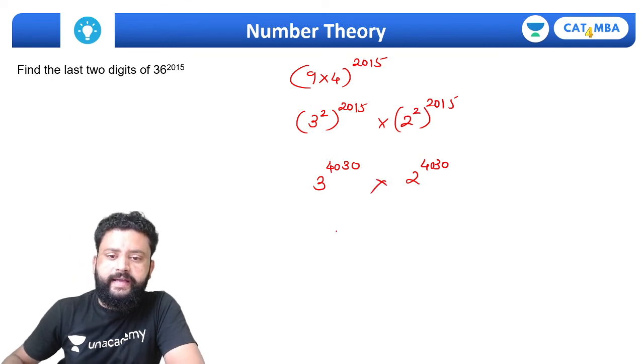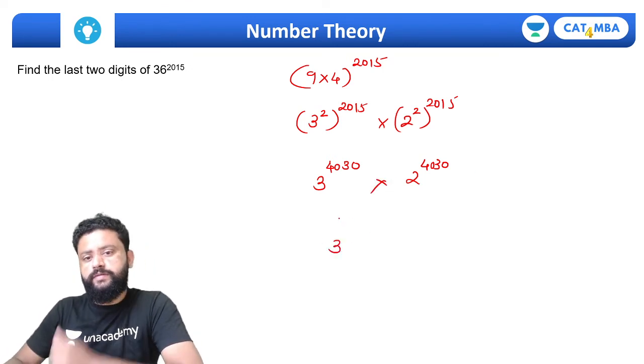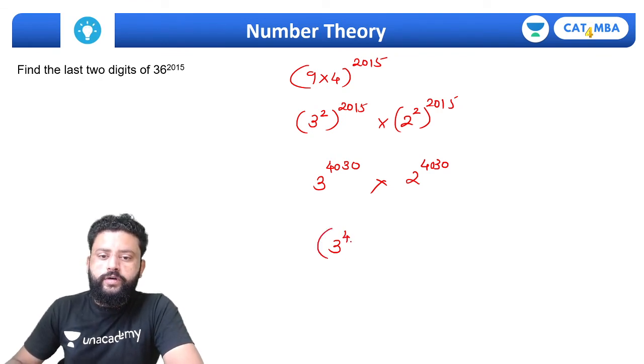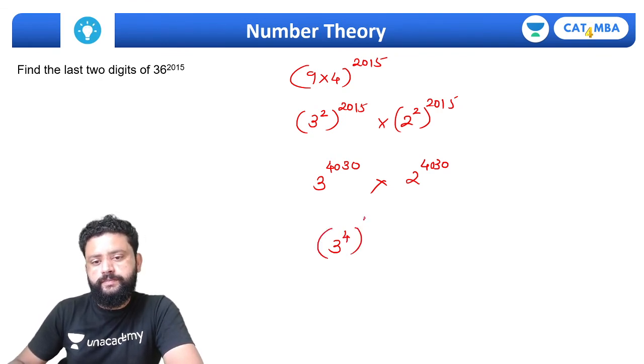So here I can write it as 3 to the power 4 into 1007 into 3 to the power 2.